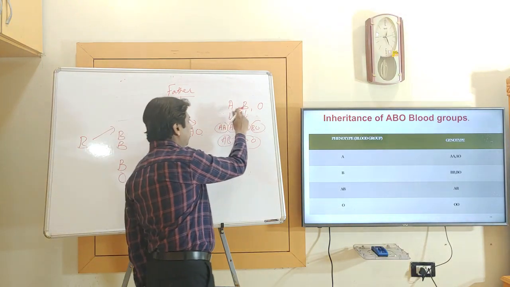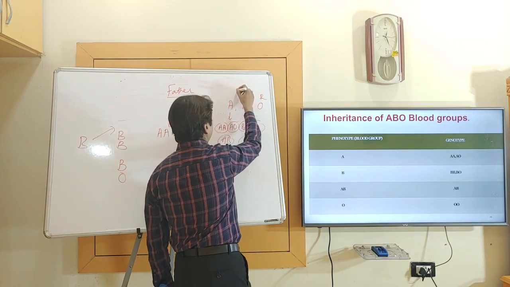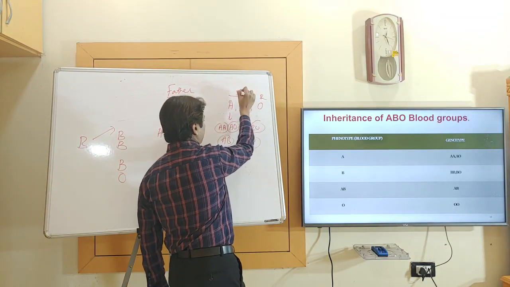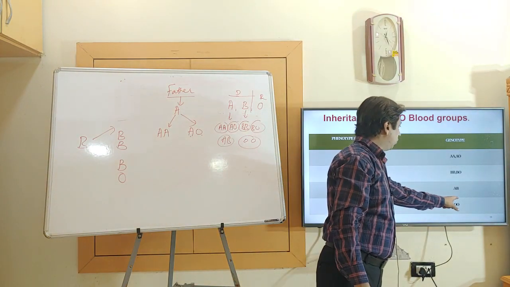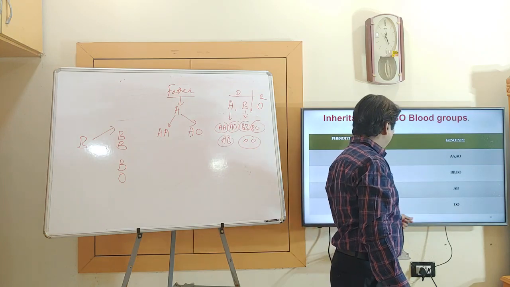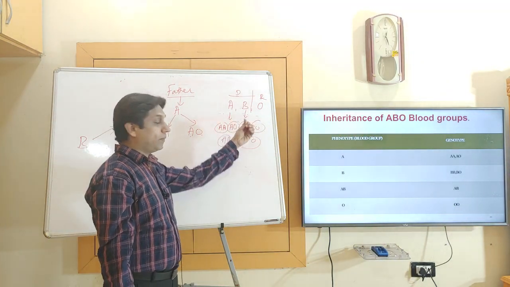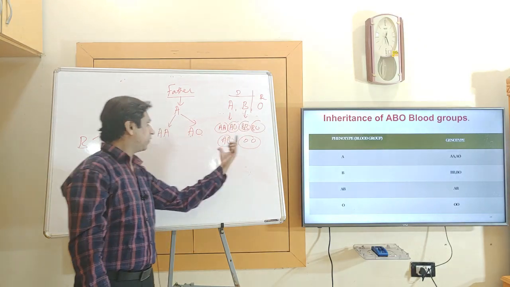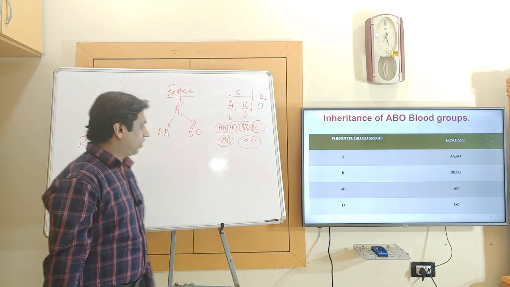This A and B are Mendelian dominant, and the O gene is recessive, so they will express their character in the phenotype. AB blood group genotype will be AB, and O blood group genotype will be OO. So there are six possible genotypes, and based on these, the four blood groups are determined genetically.